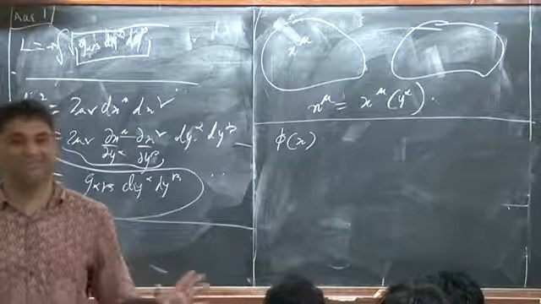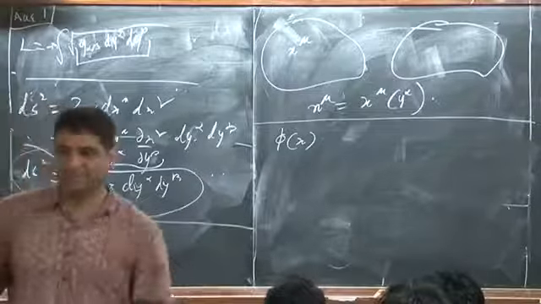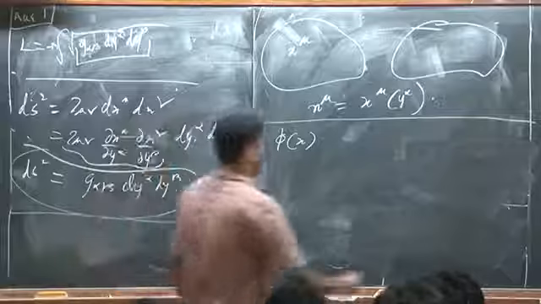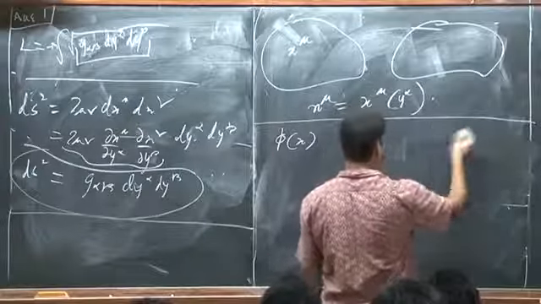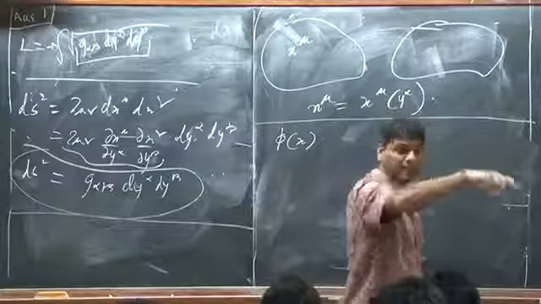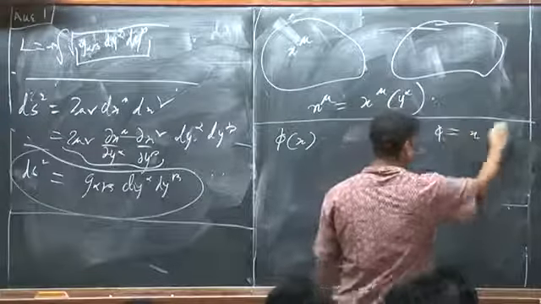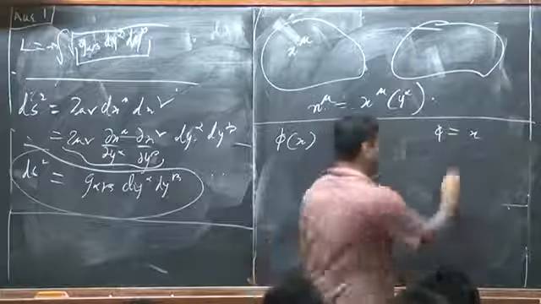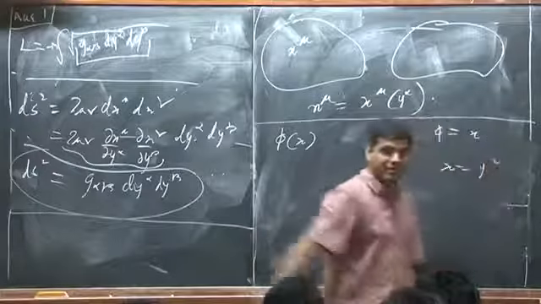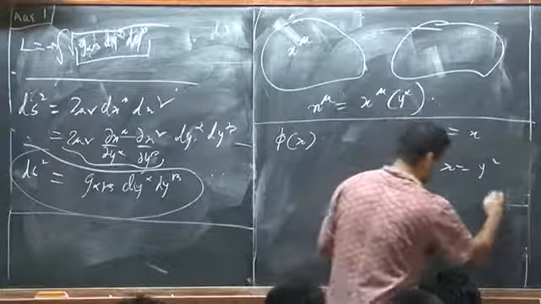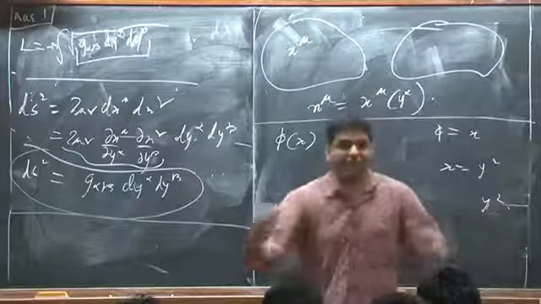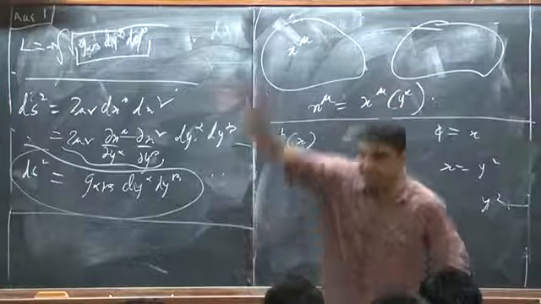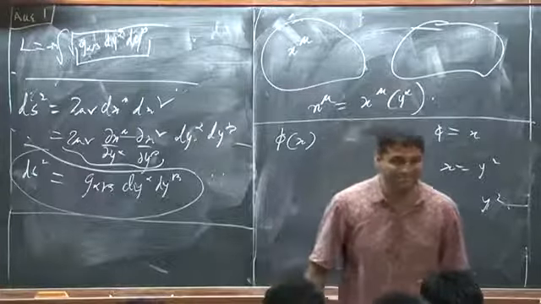No. Because, let's say for simplicity my function is of one coordinate. So my function phi is equal to x, and x was equal to y squared. Clearly, your friend's function is y squared. As a function of one variable, it's a different function. It looks like a parabola rather than a straight line.